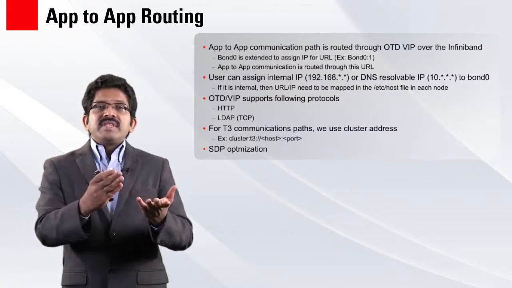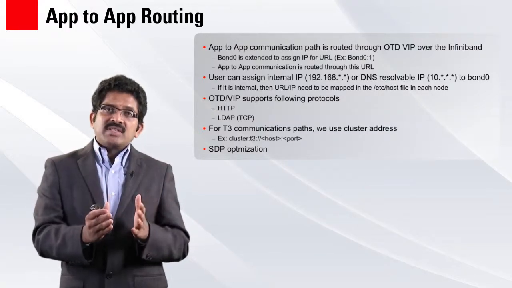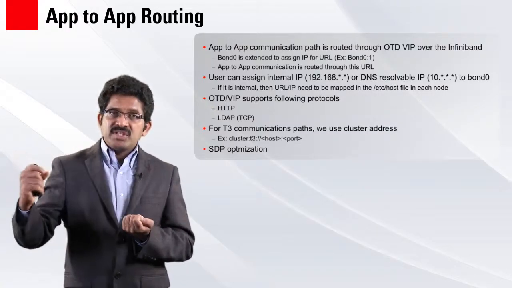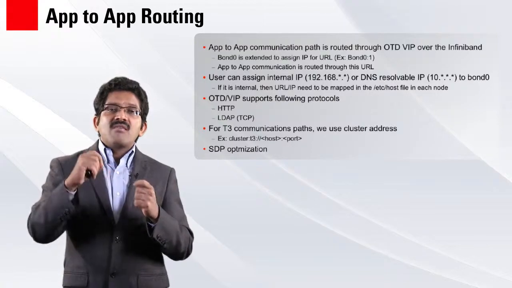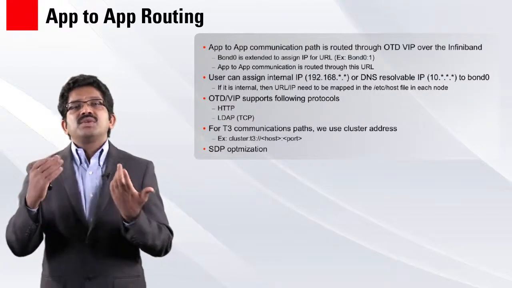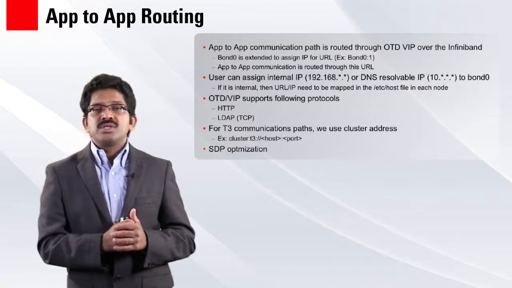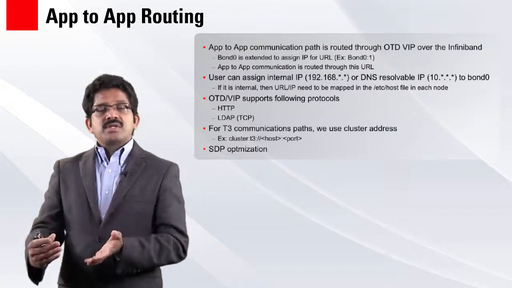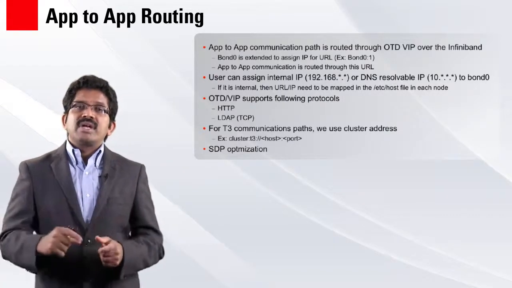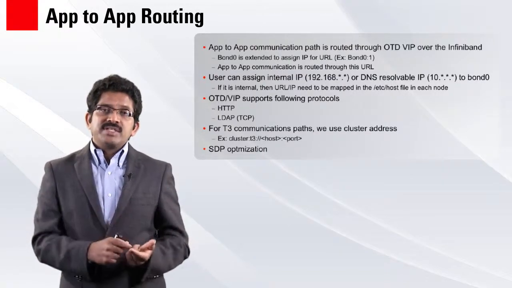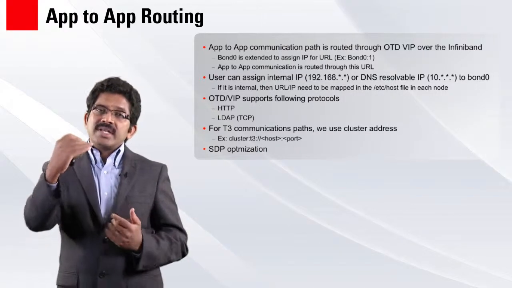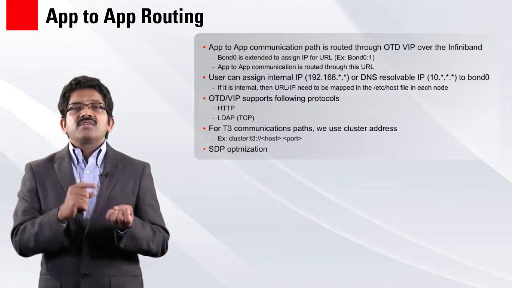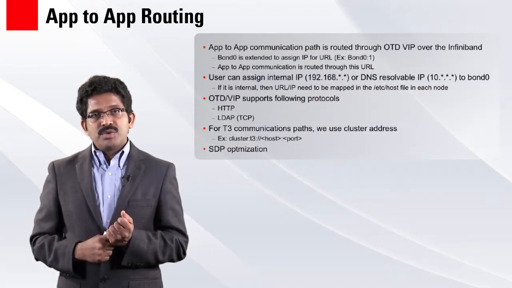So when you configure your Exalogic, if you want to have DNS enabled routing, you can have an actual IP like 10.10, whatever your DNS IP, and assign it to bond0. So even though it routes within the InfiniBand network, you don't need to depend on /etc/hosts, and through DNS translation it knows when the request goes from one compute node to another compute node.